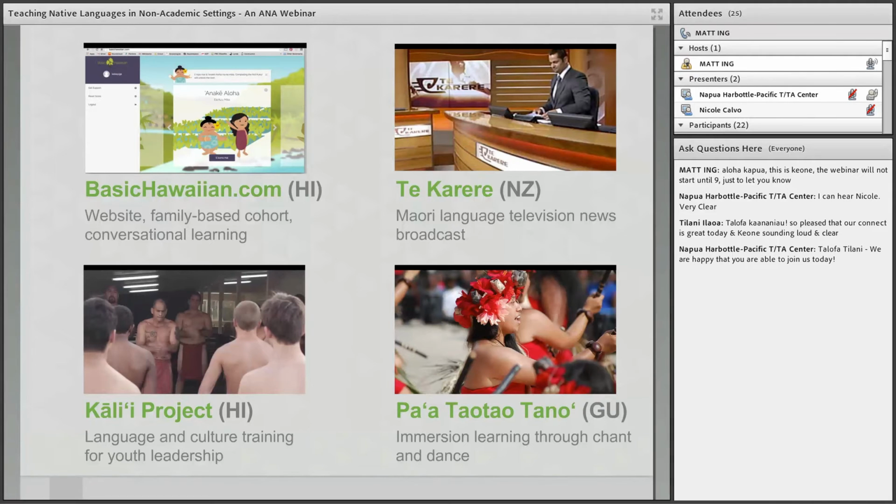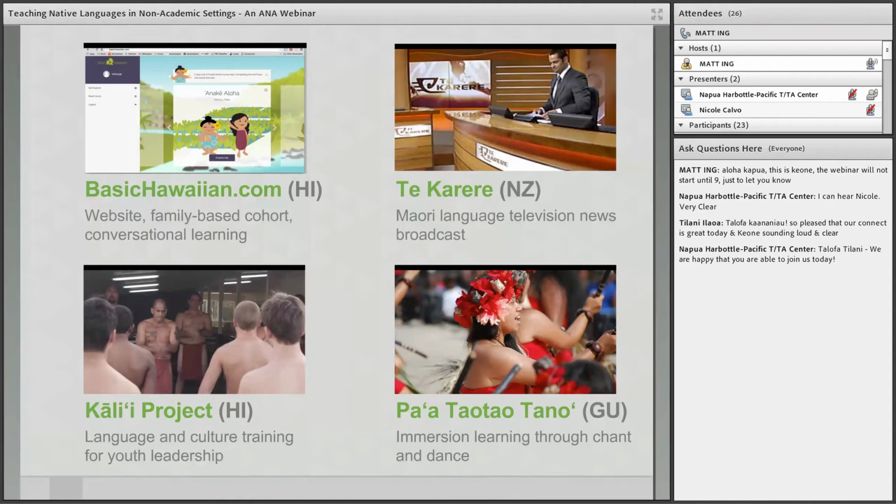Beneath that is the Kali'i project, and this is a project also in Hawaii that teaches youth the language through cultural training and youth leadership development. And this is something that might be very important for younger people.